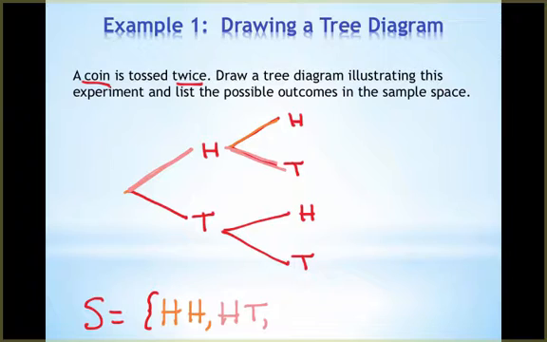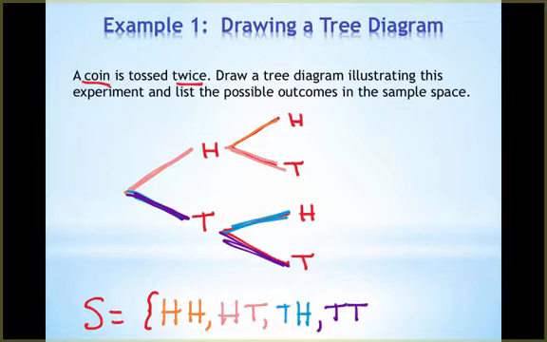Our third possible outcome would be that we could have had tails on the first flip and then heads. So we would list that as TH. And then the last possible thing that could have happened was we could have had tails on the first flip and then tails on the second, which would be TT.